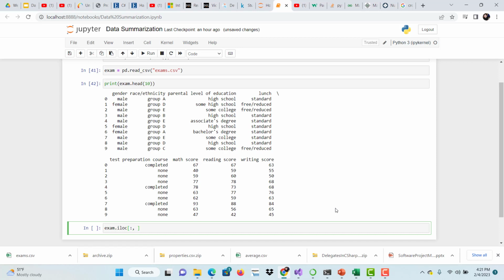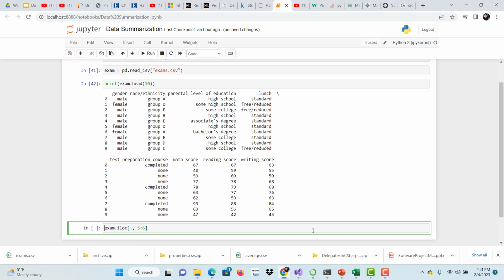For the columns, I want this column, which is number 5, since the first column is 0, 1, 2, 3, 4, 5. So 5 to 6, because the 6 will be excluded. This actually only returns one column.